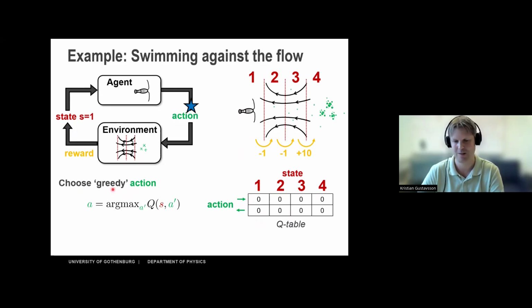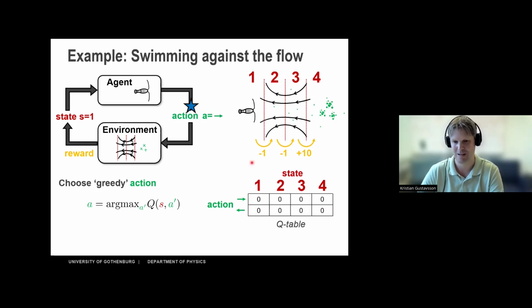That's the currently best action, the action that we think is best at the moment. That's given by looking at the state S, which is state 1, looking at the first column here, and taking the action that has the largest value of Q. In this case, where we have started with zeros everywhere, both actions are equally good, so we just take one at random.